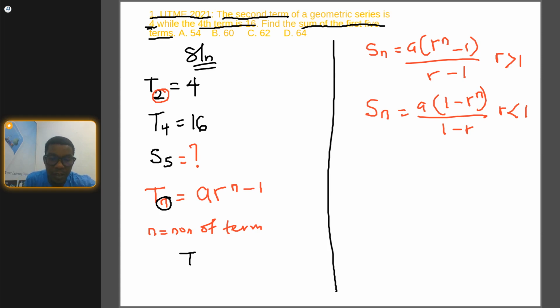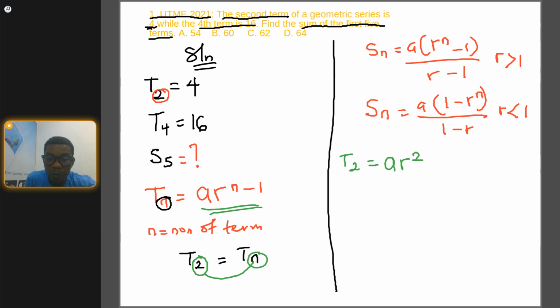If T2 equals Tn, by comparison, 2 is also equal to n. That means in this expression, my n is 2. So I'm going to have T2 equals, using this formula, a r^(n-1).